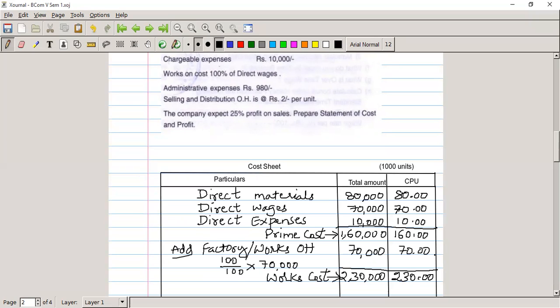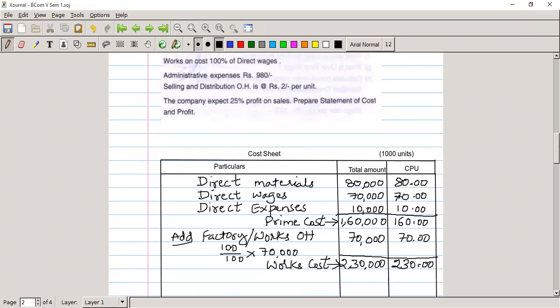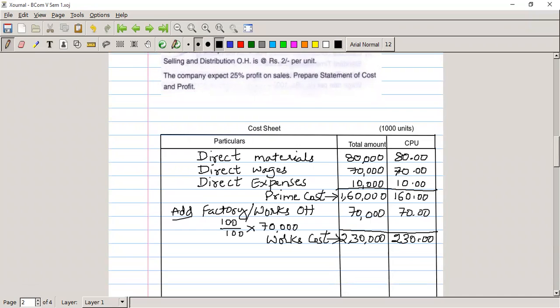And the next point we are going to add is administrative overhead. Administrative or office overhead is given as 980 rupees.